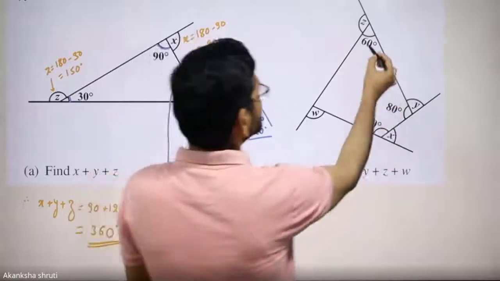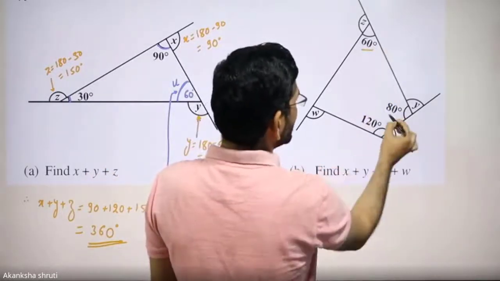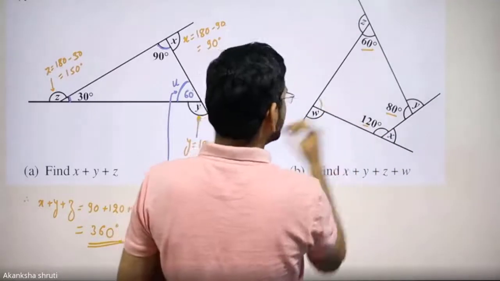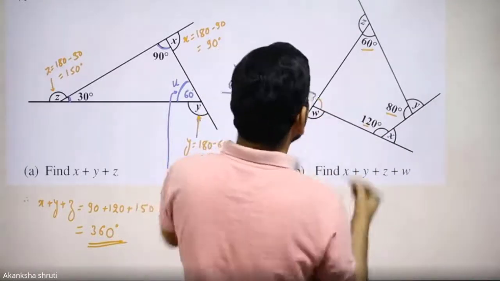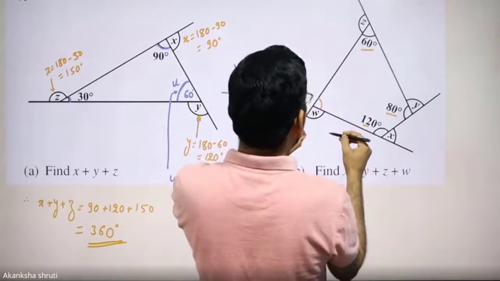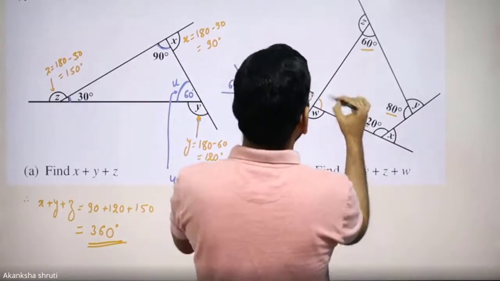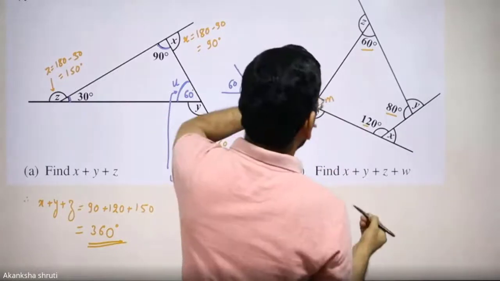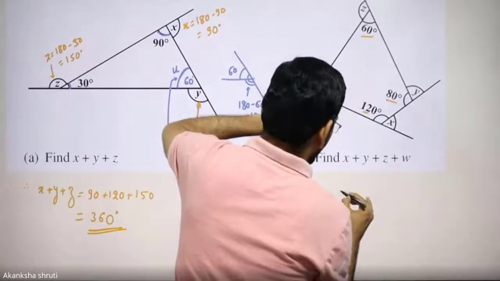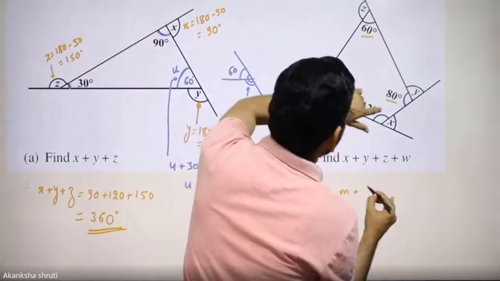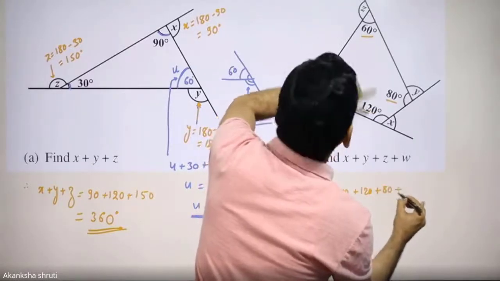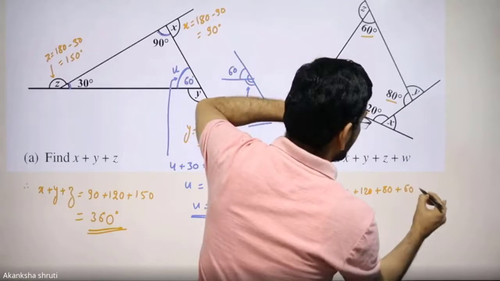Students, the internal angles 60, 80, 120 are known. What will be the other internal angle here? Let us consider this internal angle as M. Then M plus 120 plus 80 plus 60.